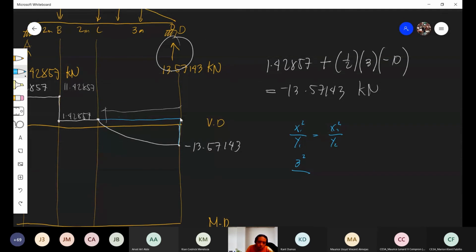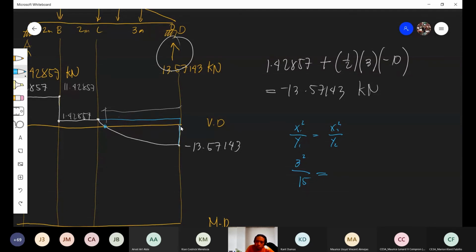From here to here, that is 13.57143 plus 1.42857. Is this the distance? Yes, that is 15. 15, sir. This is equal to x sub 2, the distance to this point, up to DDD, and that is unknown, right?